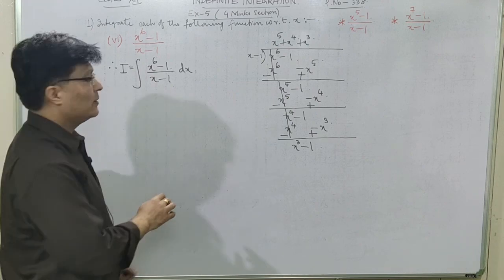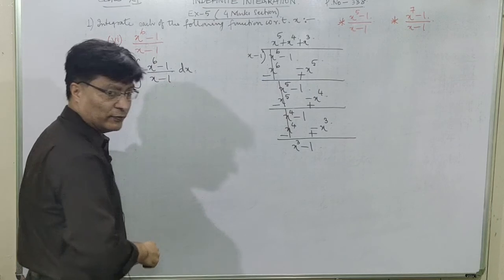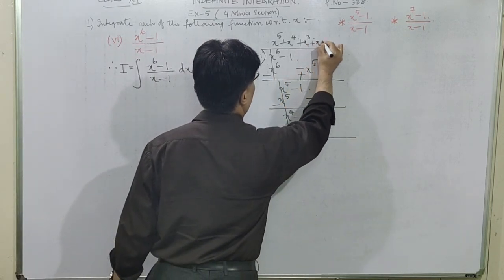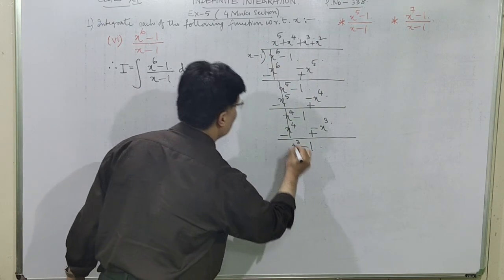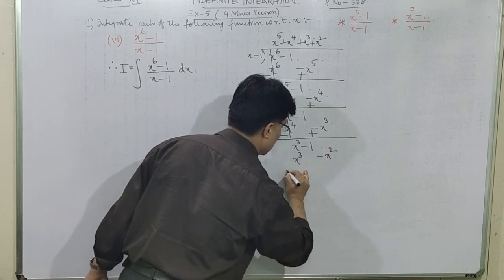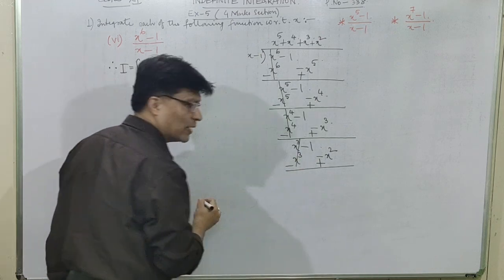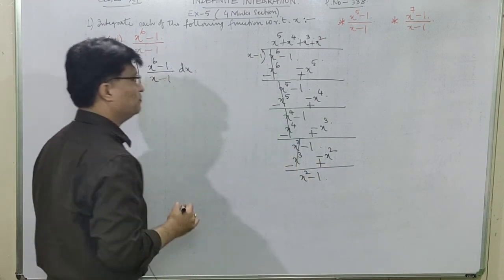Now again, this x should be multiplied by x square to get x cube, isn't it? So let us write here plus x square. So x square into x is x cube, then plus and minus is minus x square. Now change the sign. This is minus, this is plus, x cube gets cancelled. So here we have x square minus 1.